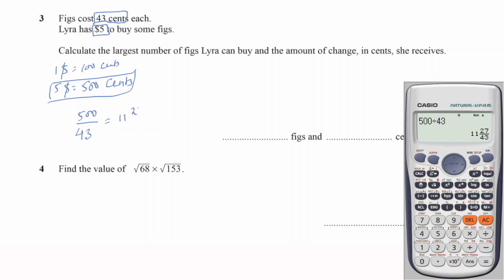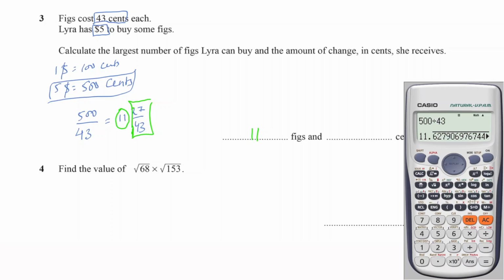So it means that she can easily buy 11 figs, and after that she cannot buy any more. 11 figs is for sure, and 27 by 43 is the fraction part. You can also see in the calculator it's 11.62 something like that. So 11 figs she can definitely buy, and the rest she will be getting as change.